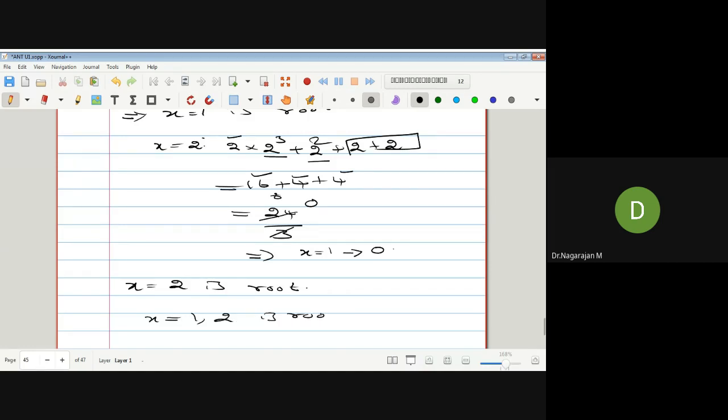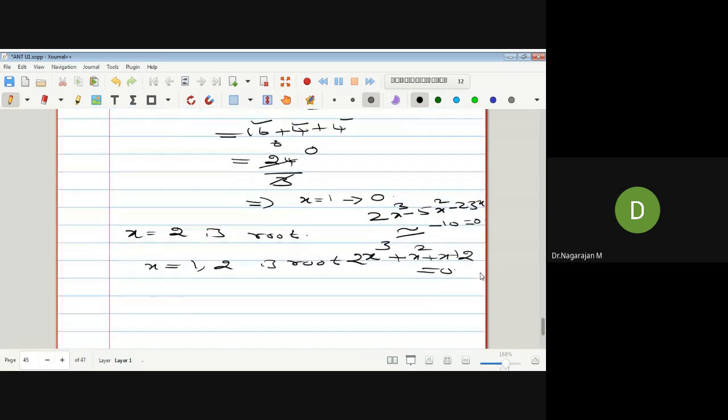1 comma 2 are roots in the polynomial 2x cube plus x squared plus x plus 2 equal to 0. This is the approximate polynomial, the same polynomial as the given polynomial 2x cube minus 5x squared minus 23x minus 10 equal to 0.